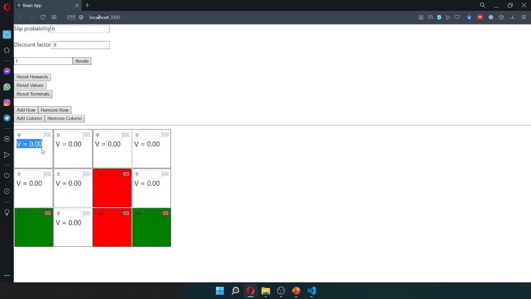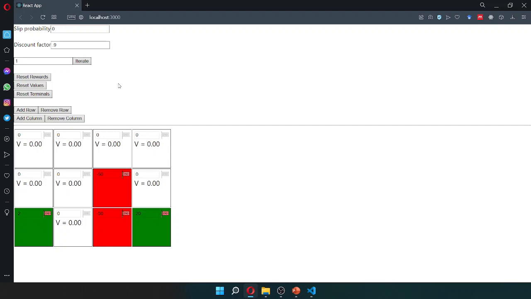Also, V is the value of that state at the current iteration. Now let's try simulating the value iteration.